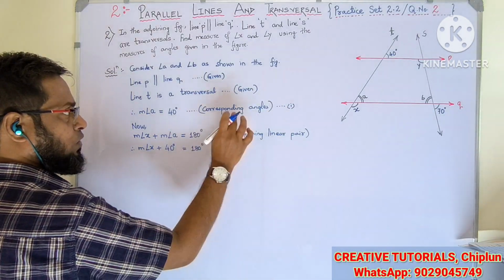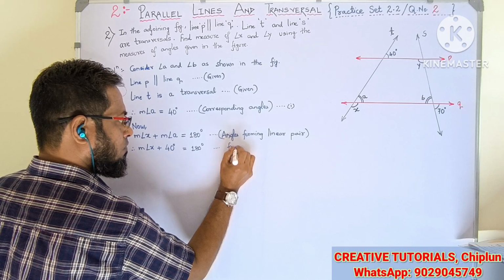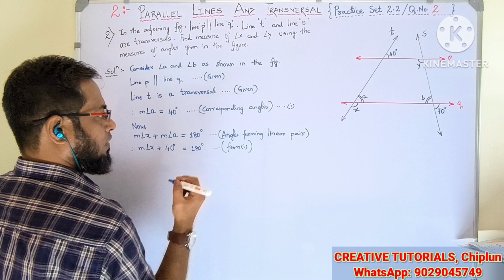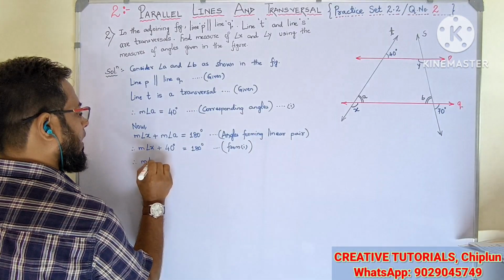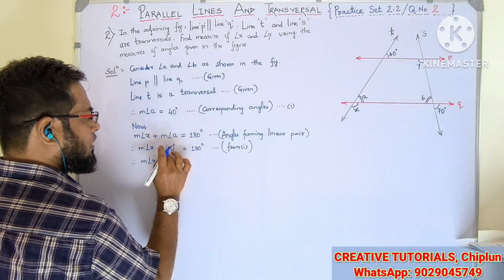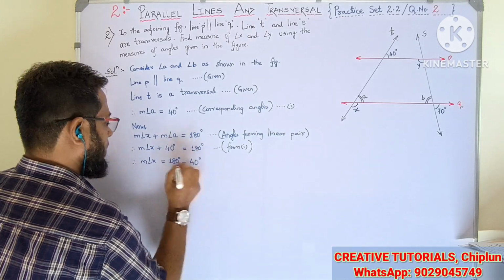From here you brought 40, so you can write here: from statement number 1, therefore measure angle X is equal to 180 degrees. This 40 is going to that side, so it will become minus 40 degrees.